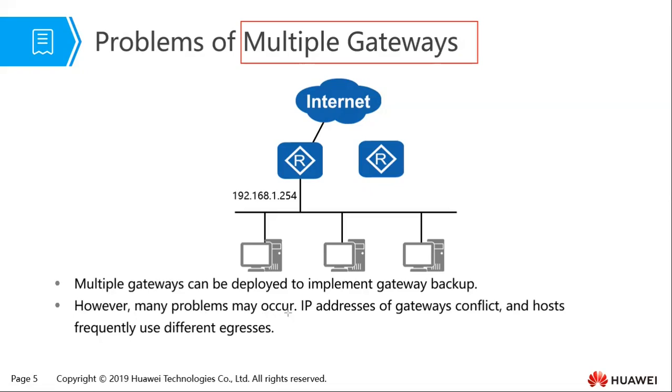One of the problems is that we might have IP addresses of gateways conflicting, and also hosts may frequently use different egresses. Egresses are routers that are helping you to get out of your network. That is one of the problems that we might have with multiple gateways.